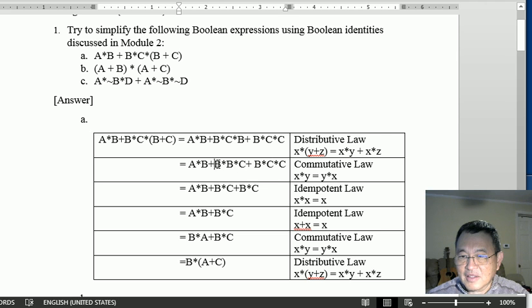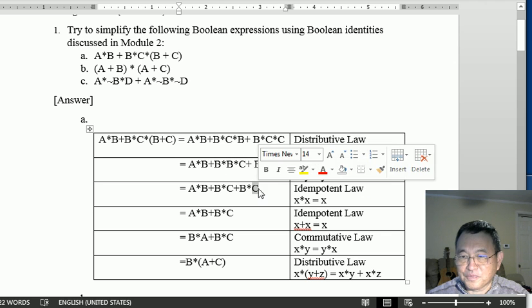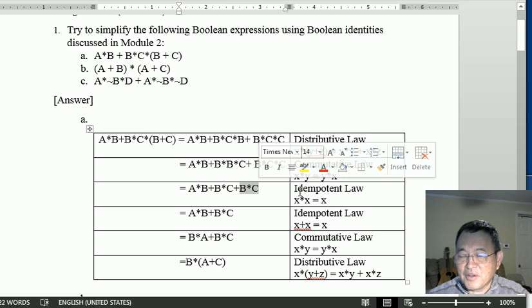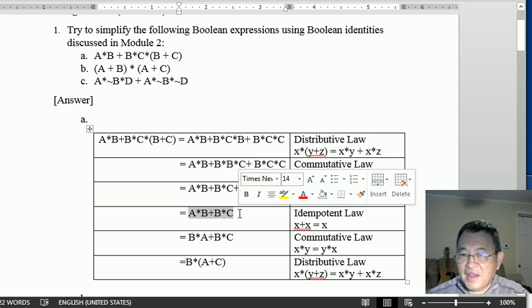This is just B, and that is just C, so they shrink together. Now you have BC again, BC again. Then you can still use the idempotent rule, and this is just one of the BCs. And of course you have BC and BA, and then the idempotent rule.